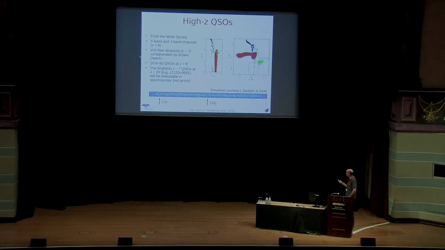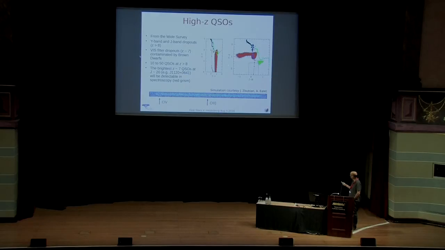And as you can see, the track of the quasars from redshift 6 to 7 is more or less following this locus of low mass stars, and it will be very, very hard to isolate the quasars or the high redshift galaxies, for that matter, from the brown dwarfs.